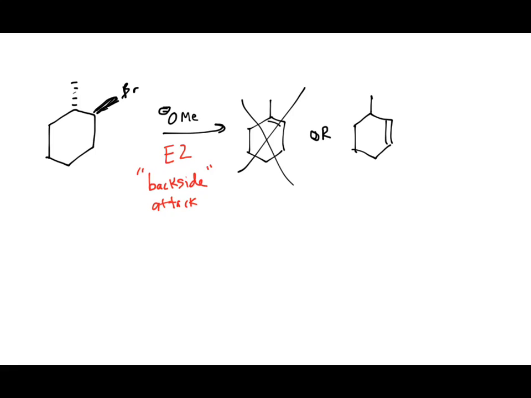Our hydrogen, our electron source, must come from the backside of the leaving group leaving. Well, where's our leaving group leaving from? From the front.